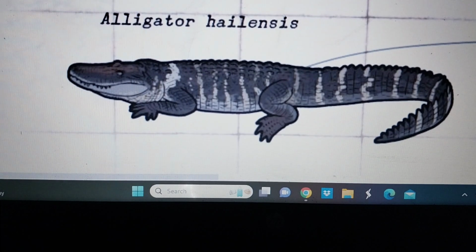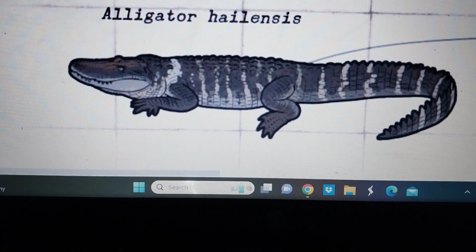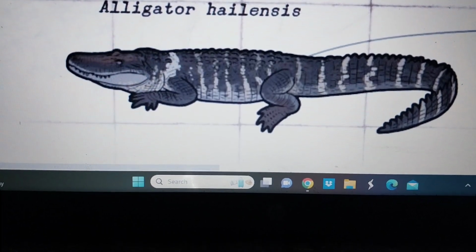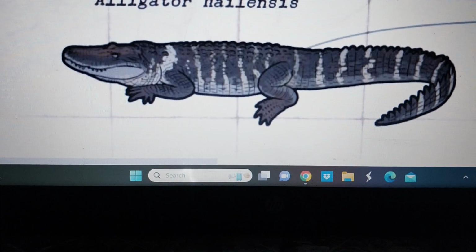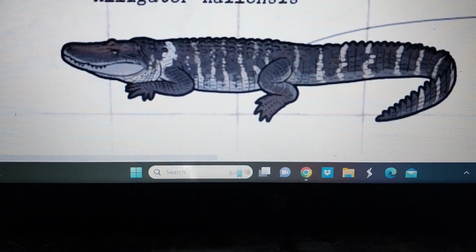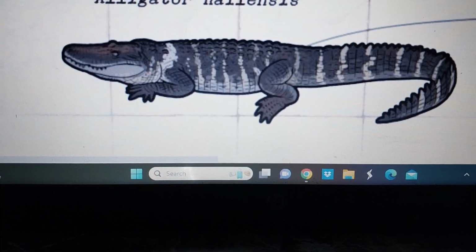In addition to both cranial and postcranial remains, researchers also discovered multiple coprolites at the Haile fossil sites.